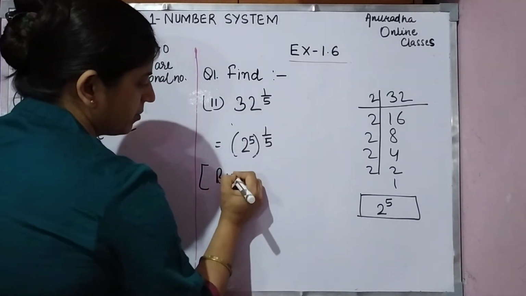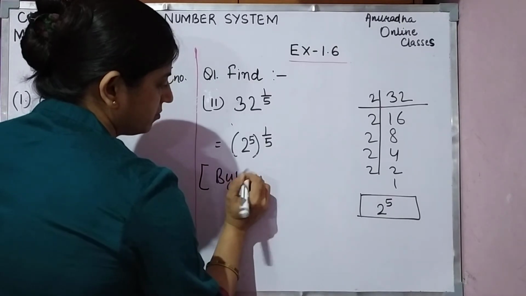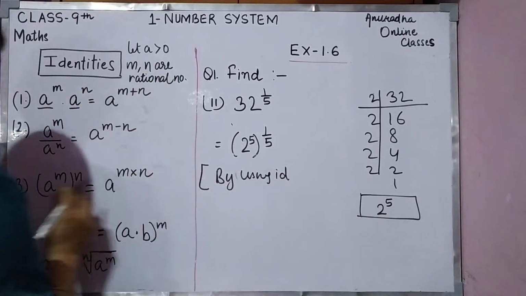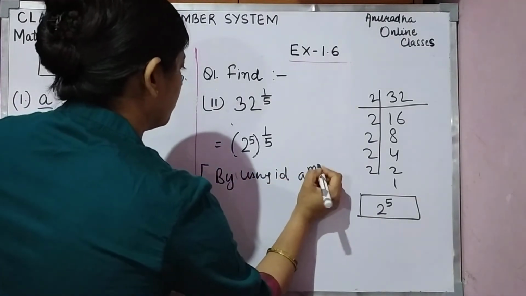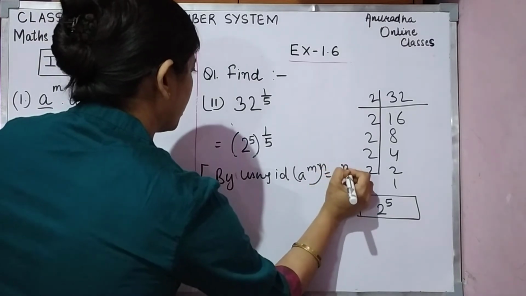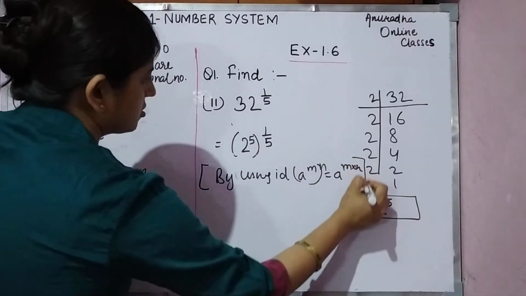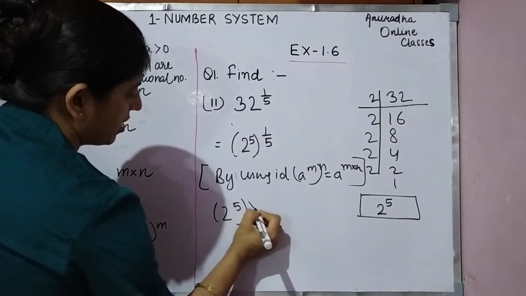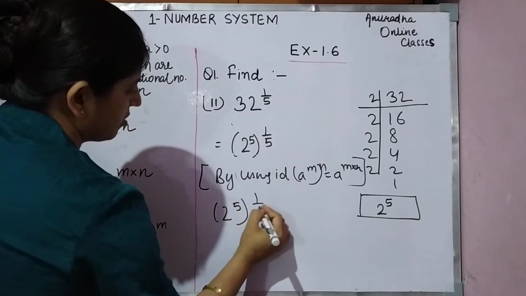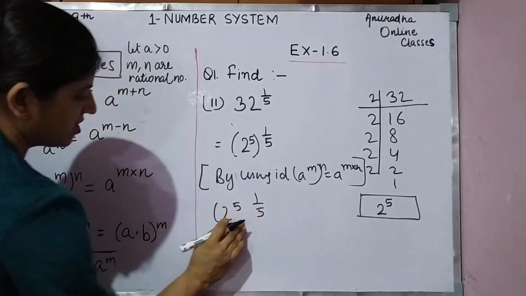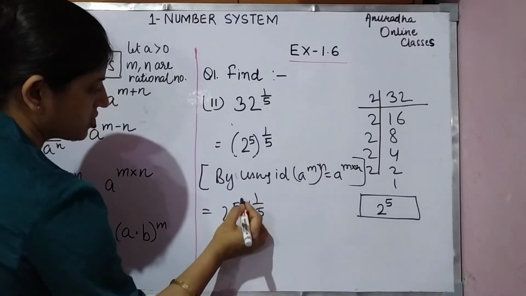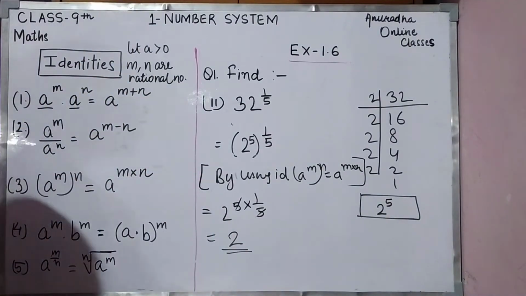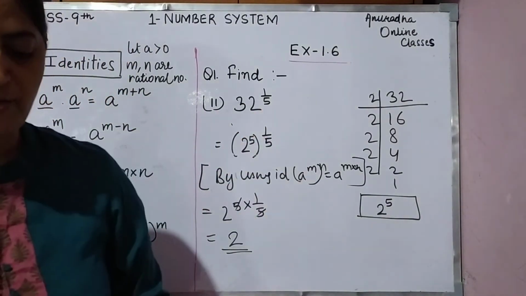Again, by using the identity (a^m)^n is equal to a^(m×n), we will get 2^(5×1/5). That means ये हट जाएगा, and what you will get, multiplication, this and this will get cancelled. What is your answer? Your answer is 2. So in this way you have to do the second part.